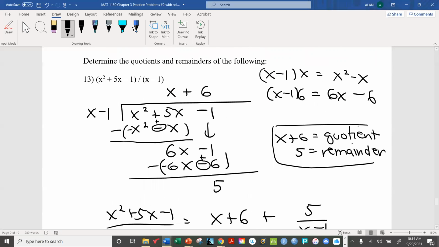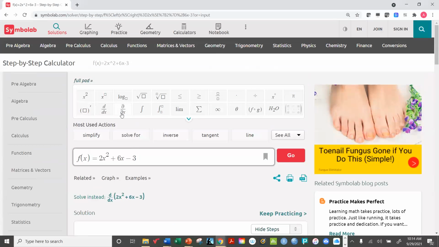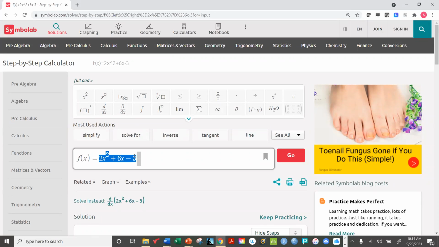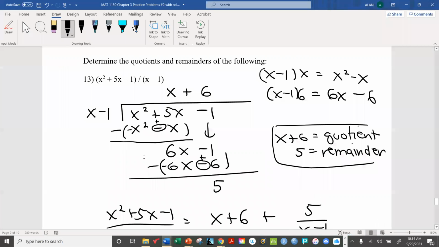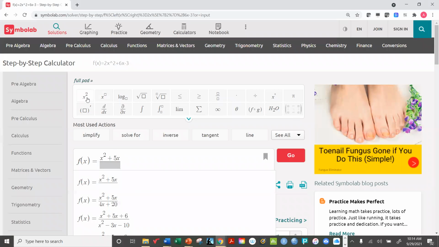Now, just out of curiosity, I want to see if Symbolab can do this. This would be very helpful. Let's see how it handles a ratio like this. All right, so what did we have here? We had x squared plus 5x minus 1 over x minus 1.